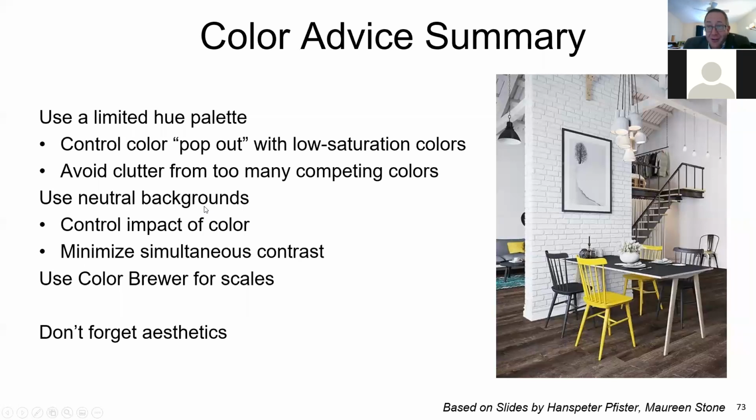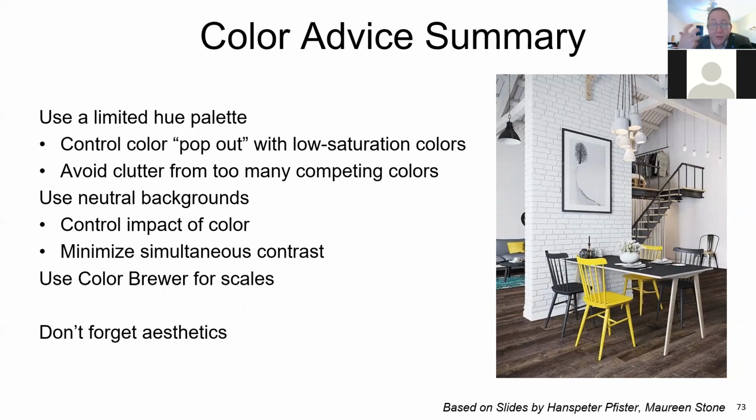If you talk to any interior designer or any artist, they will tell you about this sort of thing. They may not be using the same reasoning, but they say the same thing, and I ignored them for years and years. The reason why you have one yellow chair is that the only way to get a pop-out effect is to mute everything else. So you want to control pop-out effects and desaturate everything else.